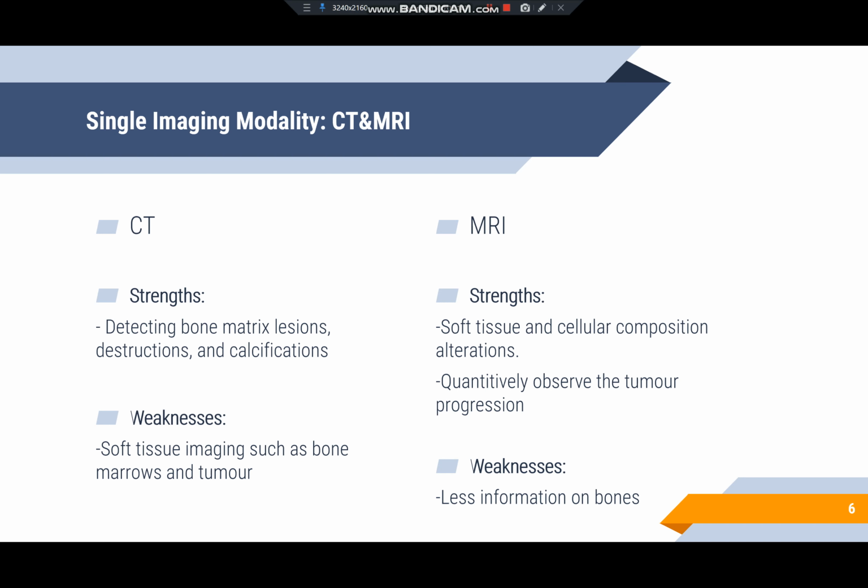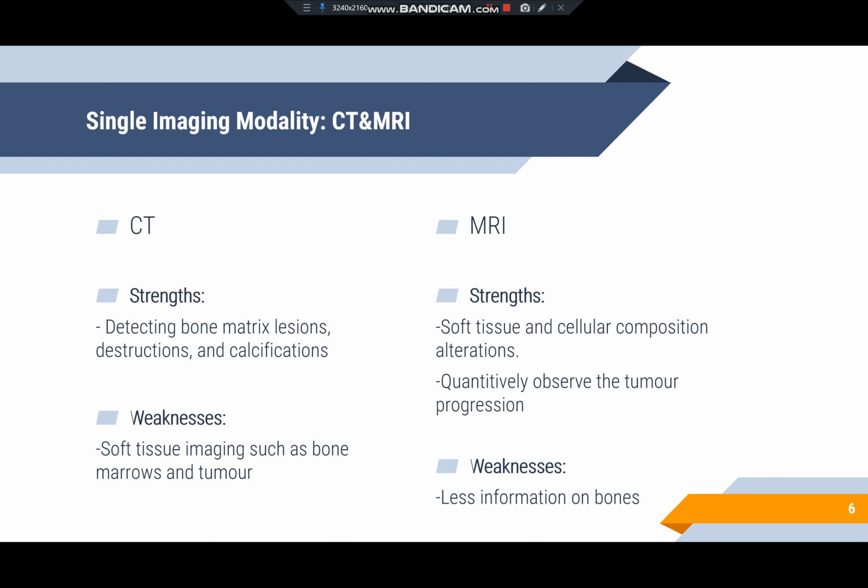Well, concerning the restriction of CT, MRI is excellent at differentiating between the different types of soft tissue based on their unique magnetic properties, such as the recovery rate or dephasing rate of hydrogen nuclei in the tissue.